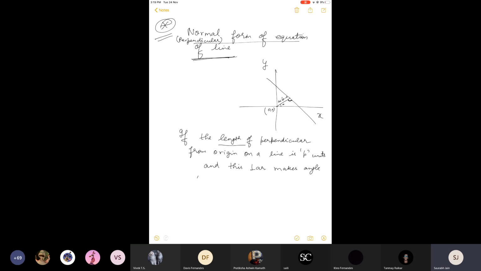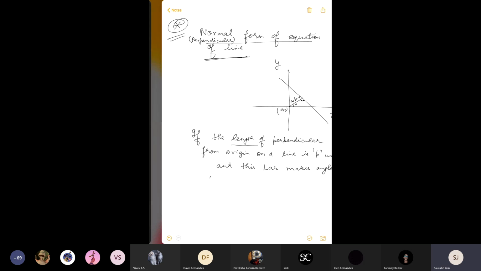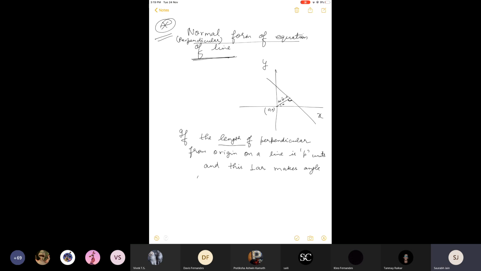This perpendicular makes angle alpha with positive x-axis, right? You can consider the diagram.